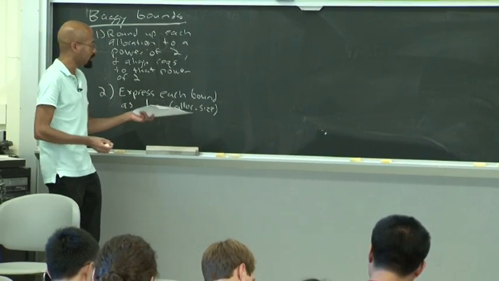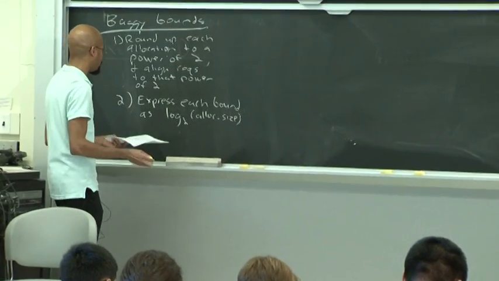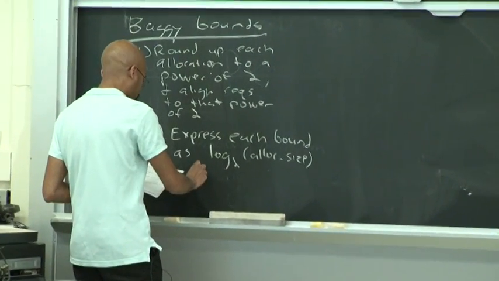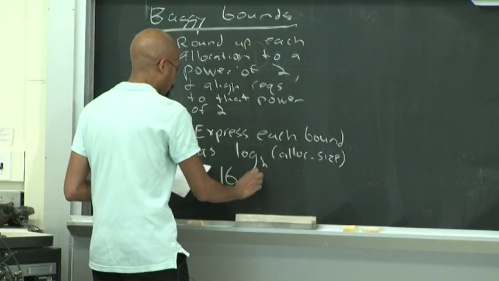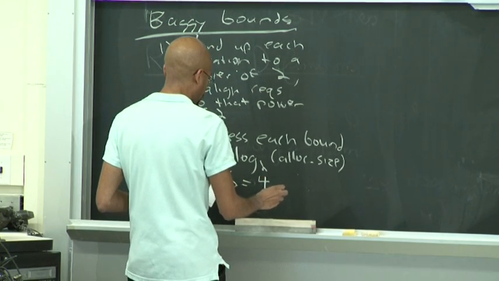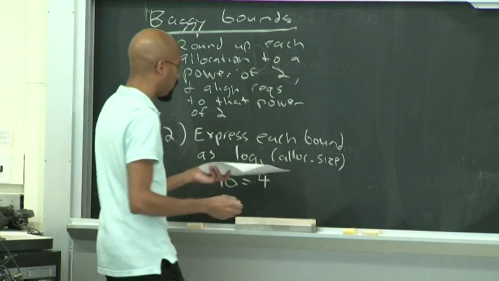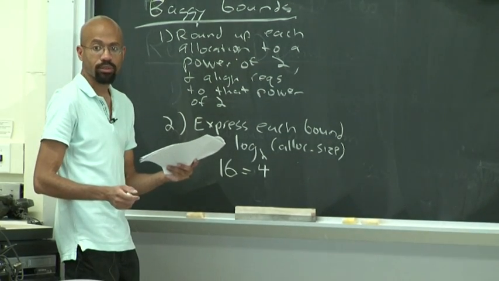So we don't need very many bits to represent how big a particular allocation is. For example, if your allocation size is 16, then you just need the logarithm of that, 4 bits, to represent the allocation size. Does that make sense?